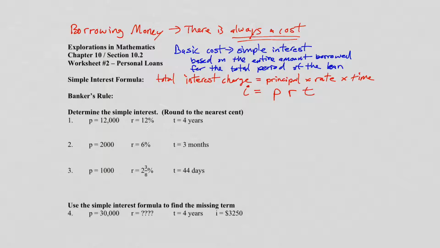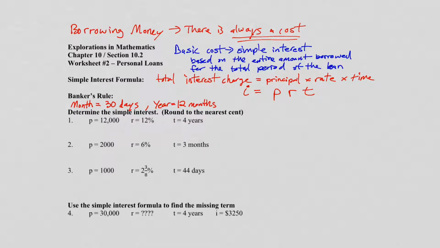Okay, so before we do that, we need to know the banker's rule. The banker's rule basically states that just to keep calculations simple, we know there's different days in various months, but for the banker's rule, we're going to keep it even at 30 days. And of course, the year is going to be 12 months.